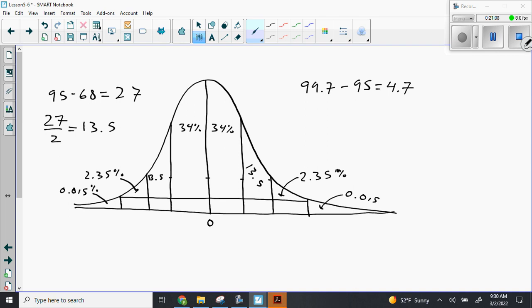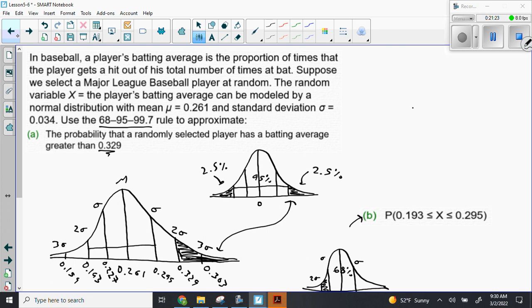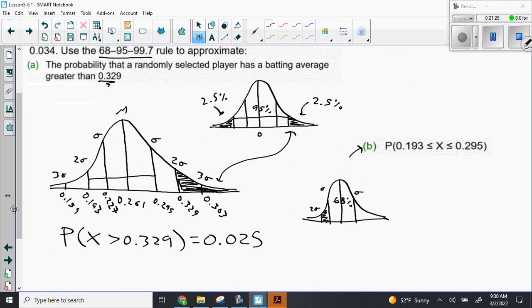All right, so that makes it much easier for us to answer the question, because now all I need to do is add this one and that one. Let's look back at the top. What we're trying to find is actually all that, what's shaded in there. And we just said in our picture that this one is 34%. This one is 34%.